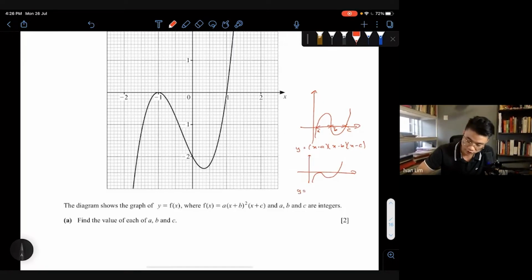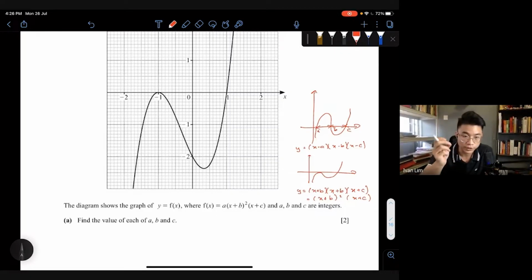So it's actually x plus b, x plus b, x plus c. That's why x plus b squared, x plus c. Can you see this? So when your roots are equal, we go back to what we talked about just now, the equal roots. Equal roots means I touch 1 point only.